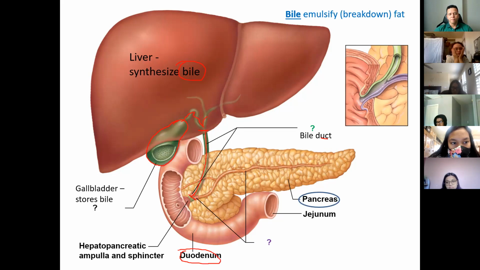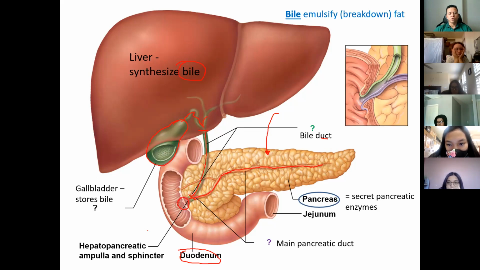the small intestine. Now here in yellow, we can see the pancreas, which is another important digestive assistant organ. The pancreas produces pancreatic enzymes, and those enzymes are going to be collected in this duct right here. This duct is what we call the main pancreatic duct, which is also going to dump those enzymes inside the little sphincter right here, a little pouch called the hepatopancreatic ampulla and sphincter.